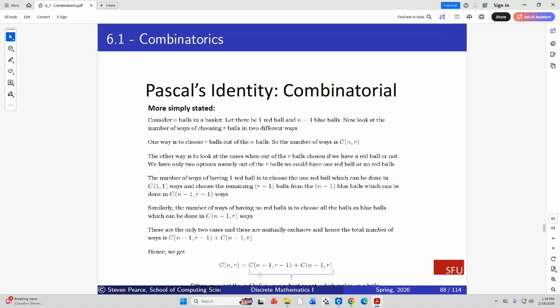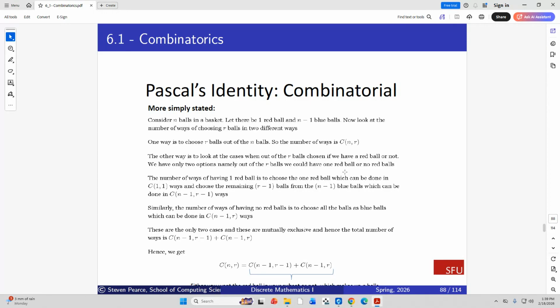Pascal's identity, simply stated: consider n balls in a basket. Let there be one red ball and n minus one blue balls. Now look at the number of ways of choosing r balls in two different ways. One way is to choose r balls out of n balls, so the number is n choose r. The other way is to look at the cases where, out of the r balls chosen, we have a red ball or not.